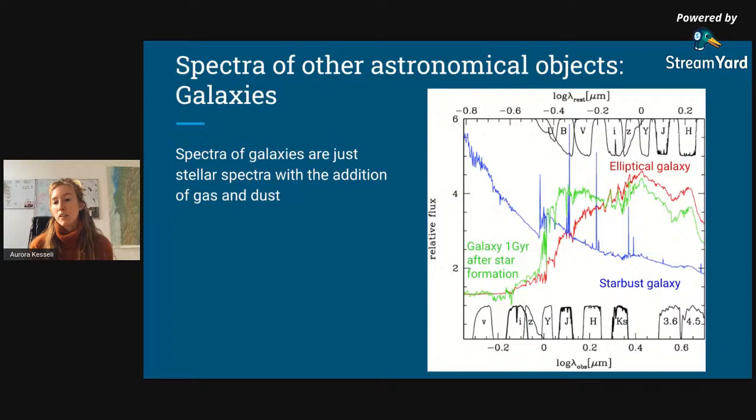These stars don't live very long, so you can only see them when there's active star formation going on. If you have active star formation, the galaxy is going to look a bit more like an A or B spectral type, whereas if you don't have active star formation, your spectrum is going to look a lot more like an M star.